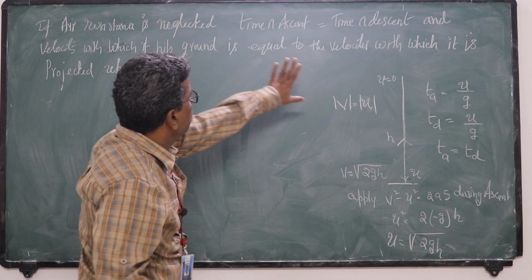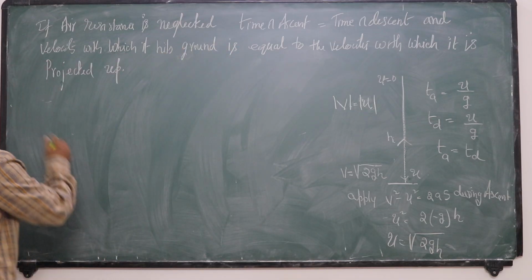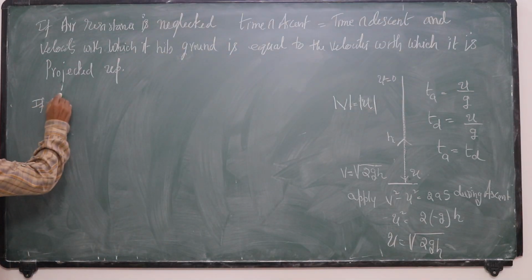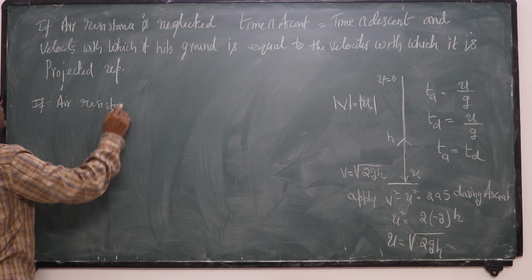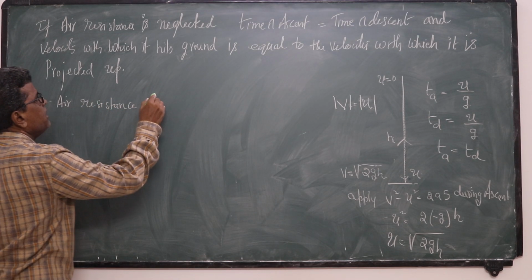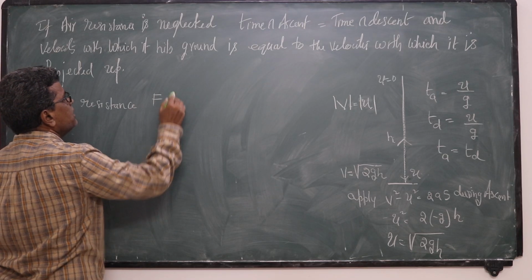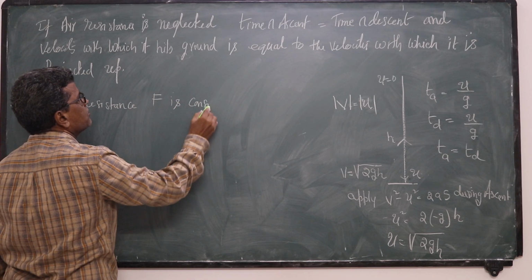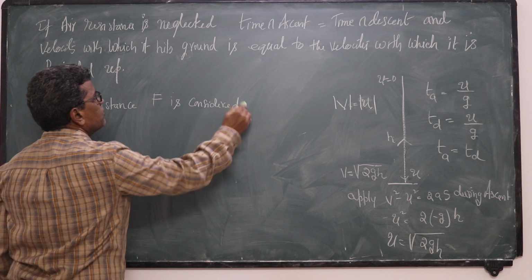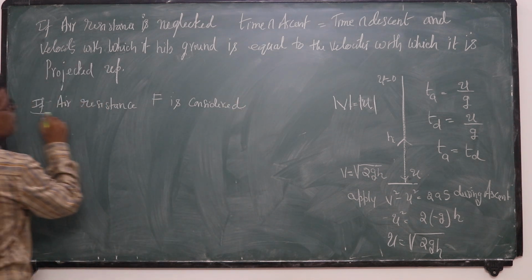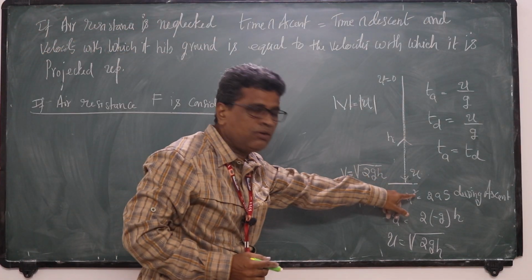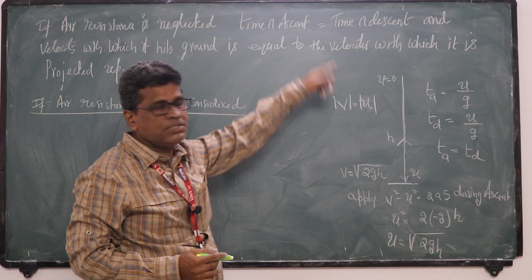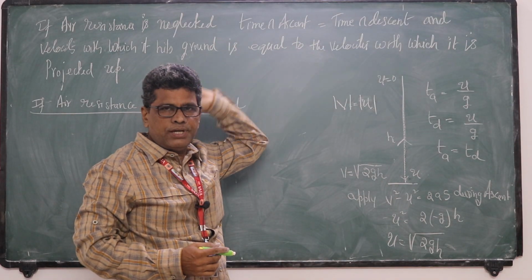Now, if air resistance, let it be F, is considered, what happens? If air resistance is considered, the velocity with which it hits the ground is different from the velocity with which it rises up.